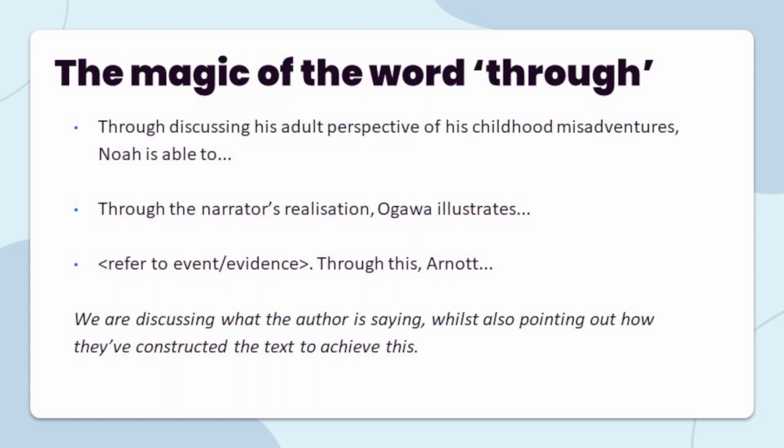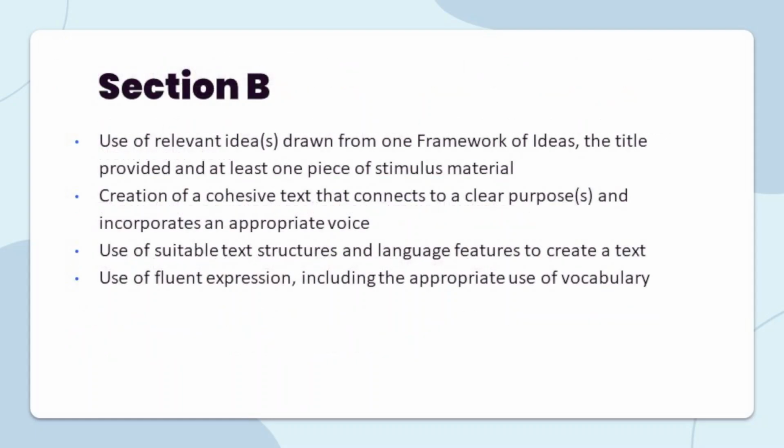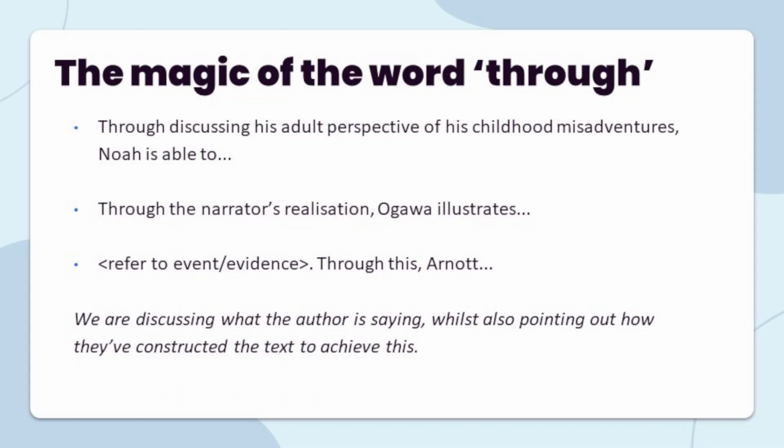Through the narrator's realization, Ogawa illustrates. Or you can refer to an event or evidence and then say through this, the author does X, Y, or Z. So we're discussing what the author's saying while also pointing out how they've constructed the text to achieve this. So using that word through can be a really good habit to get into.